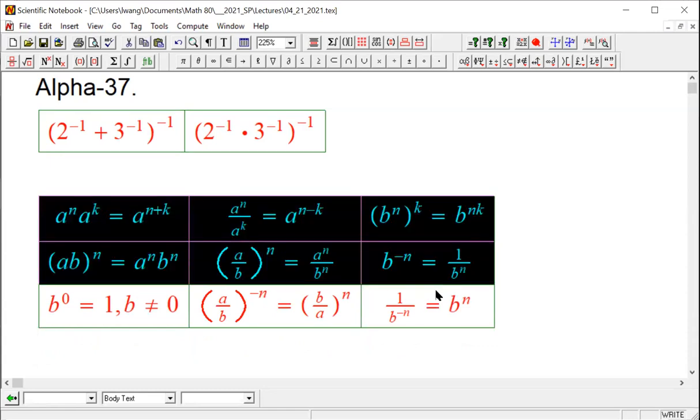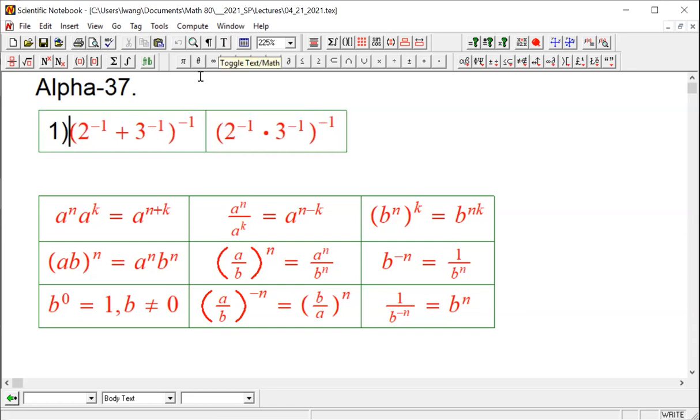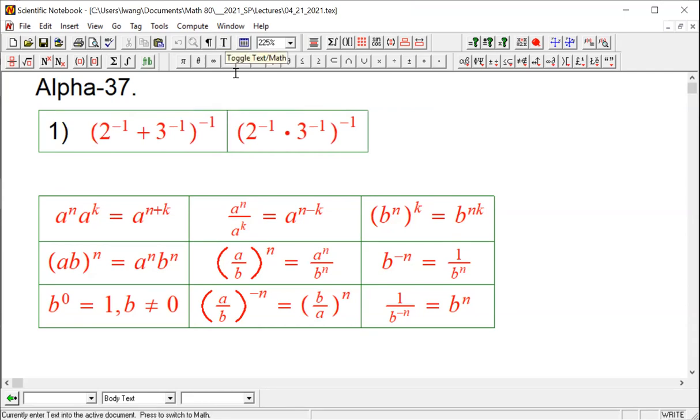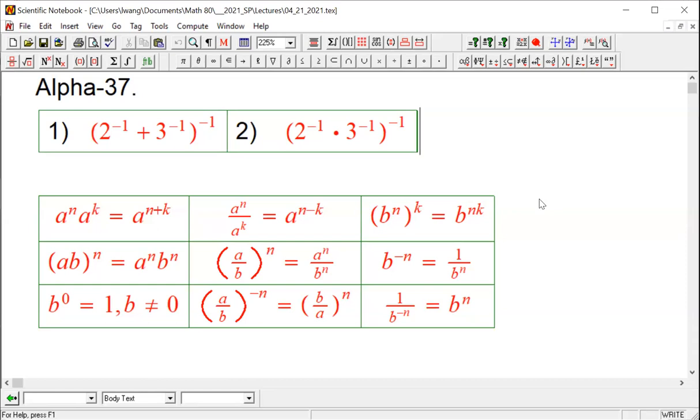Look at these properties we're familiar with. For which one of these two can we apply the property? Let's have a vote. What do you think?